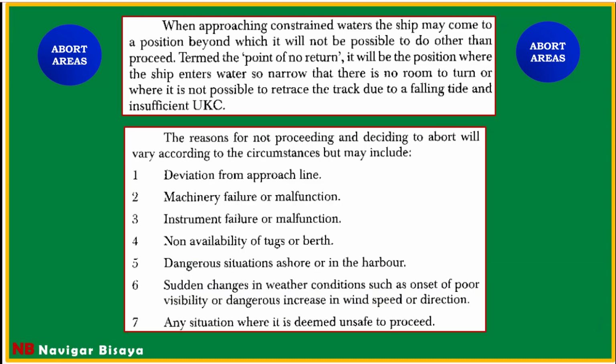The reasons for not proceeding and deciding to abort will vary according to the circumstances, but may include deviation from approach line, machinery failure or malfunction, instrument failure or malfunction, non-availability of tugs or berth, dangerous situation ashore or in the harbor, sudden change in weather conditions such as onset of poor visibility or dangerous increase in wind speed or direction. The last is any situation where it is deemed unsafe to proceed.